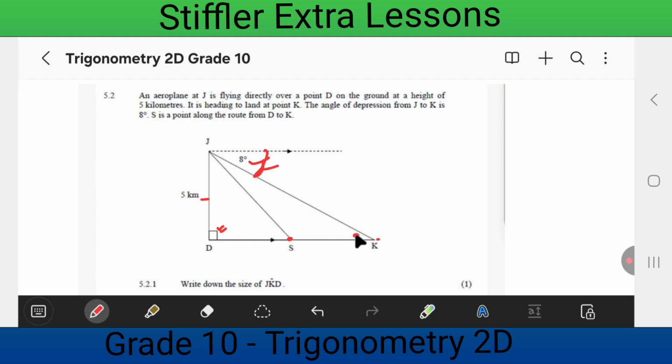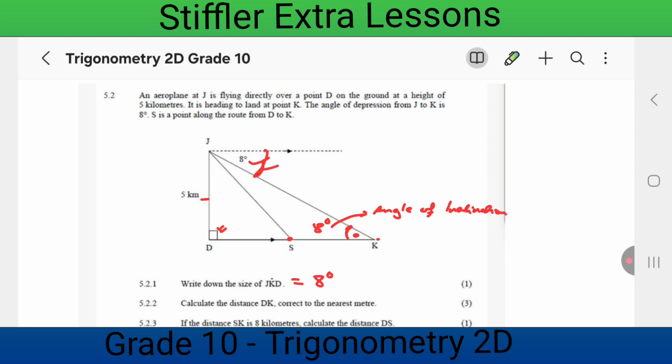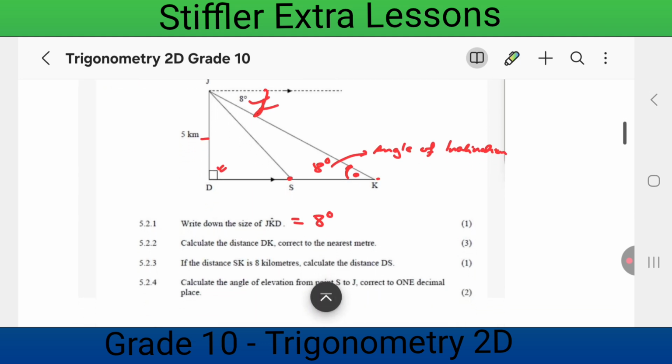So this, from the diagram that I've showed you, you can see that this is the angle of what? Of inclination. So this is our angle of inclination. And you know something about the angle of inclination and depression, right? I said that the angle of inclination is equivalent to the angle of what? Of depression. So it means that also this is 8 degrees. So here our answer is 8 degrees, because our angle of inclination is equivalent to the angle of depression.